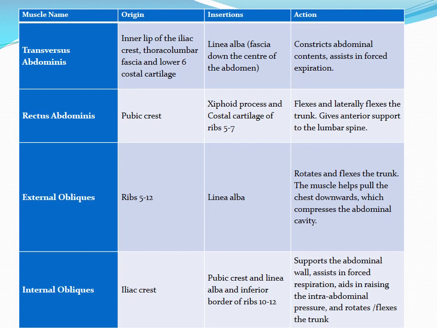The xiphoid process is right at the very bottom of the sternum. It goes to those 2 points. So when it contracts, it will pull those 2 parts closer together. So it will pull the rib cage closer to the pubic bone. So therefore, it will flex the trunk.